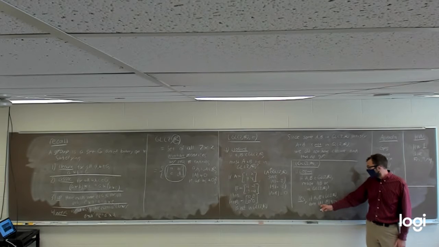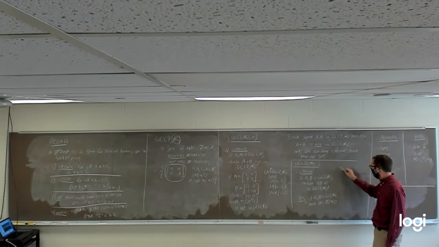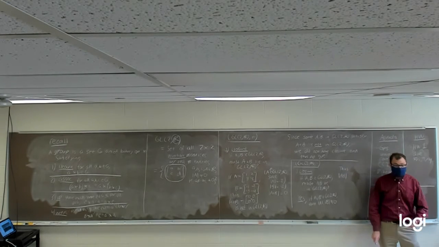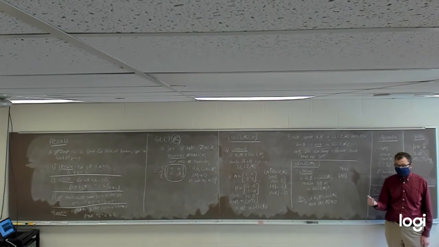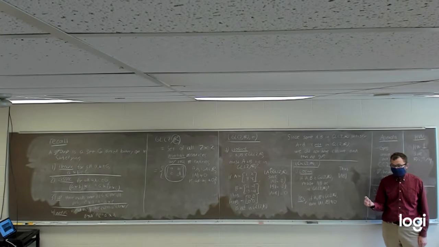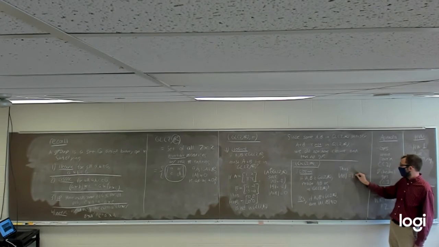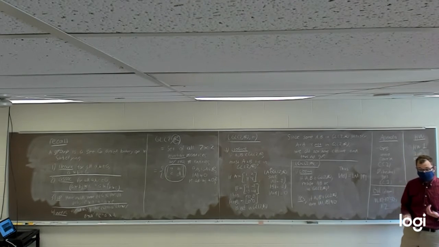Well, if the determinant of A and the determinant of B are non-zero, what can we say about the determinant of A times B? It's non-zero. Why? Because the only way to get 0 is to multiply something by 0. And we know that this is just going to be determinant of A times the determinant of B.